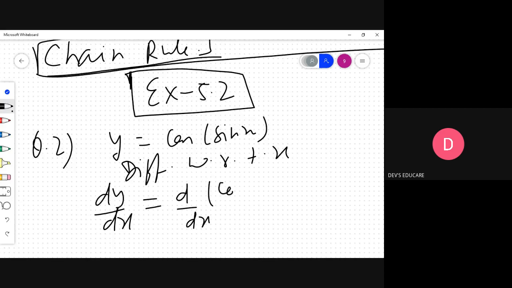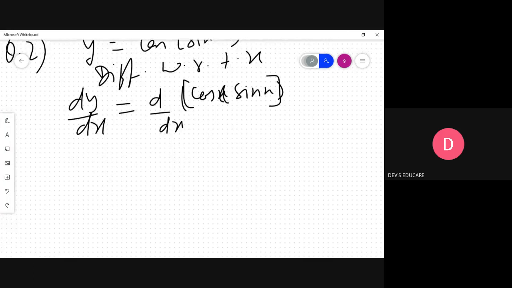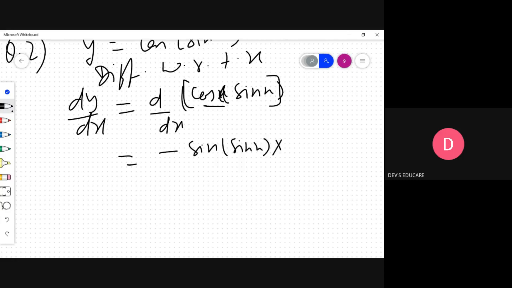First we write the derivative of cos, that is minus sine, so minus sine of sin x into the derivative of sin x.